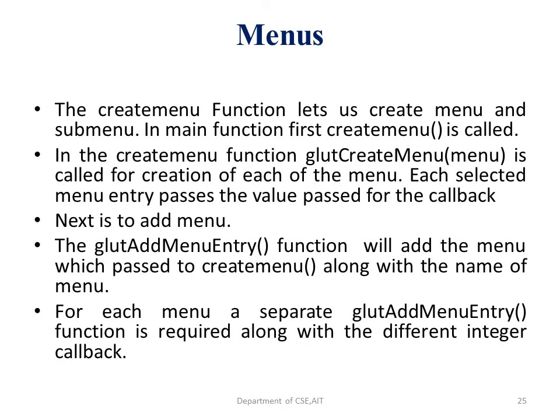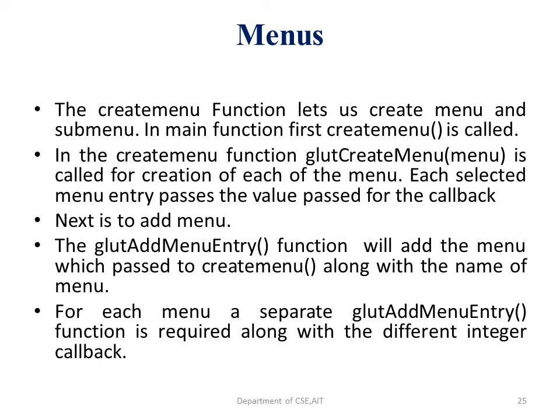Okay, some more points on menu. The create menu is going to allow us to create the menu and also the submenu. So first will be the create menu. In the create menu function, glutCreateMenu is called for creation of each of the submenus.